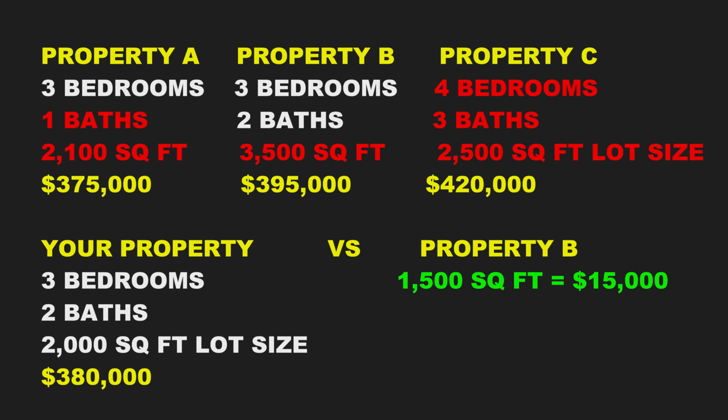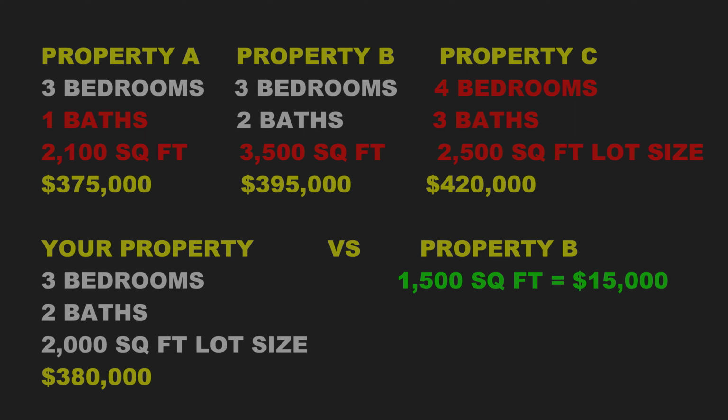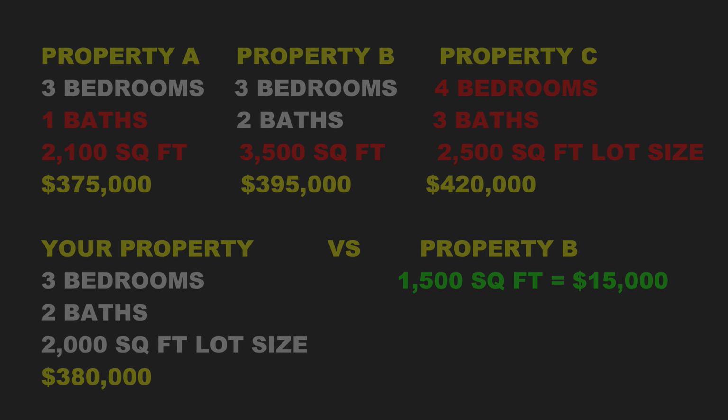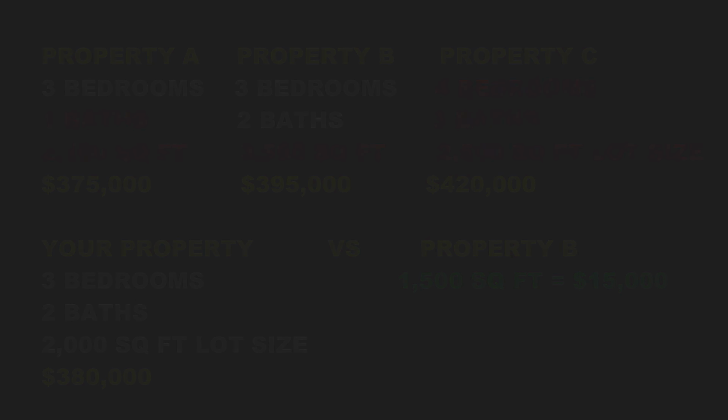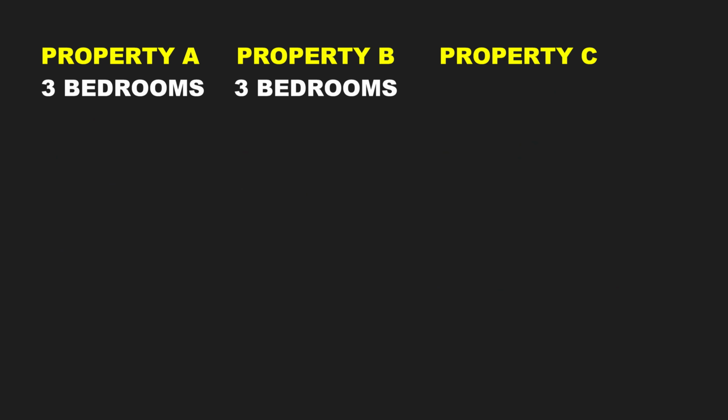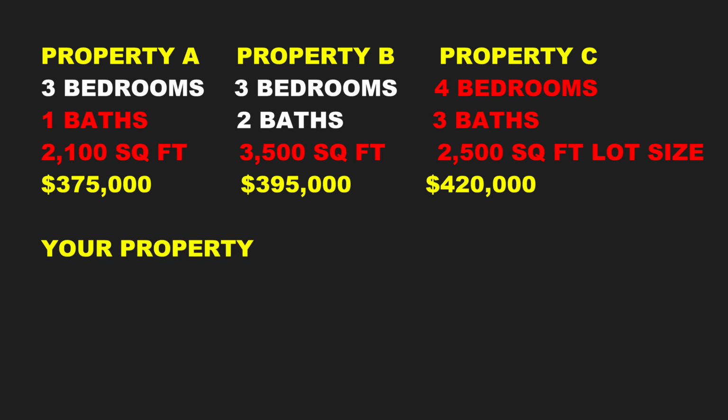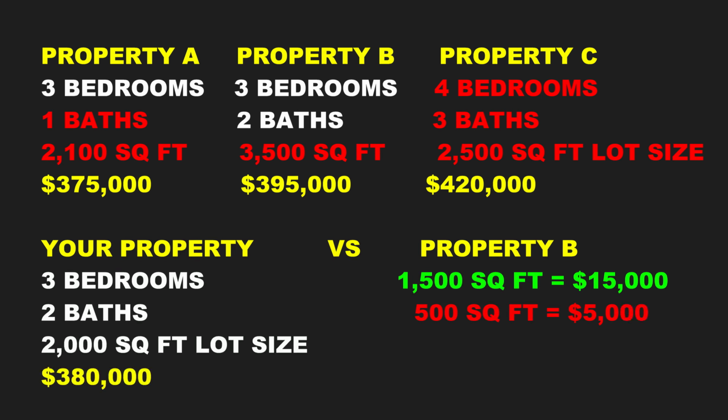So now, here's how it gets interesting. You look at property C. So now looking at that, you can kind of easily say 500 square feet is worth $5K. 1,000 square feet is worth $10,000. 1,500 square feet, $15,000.